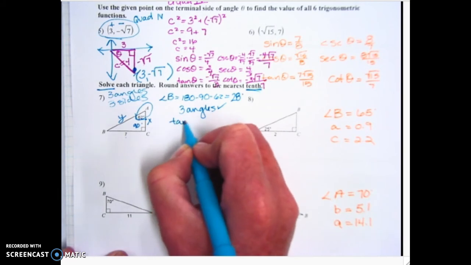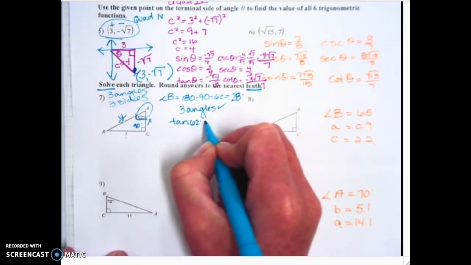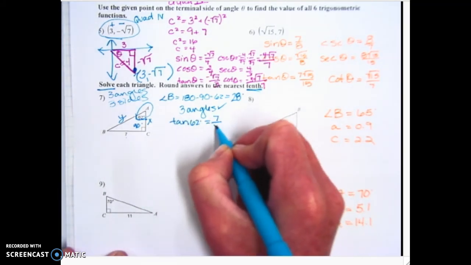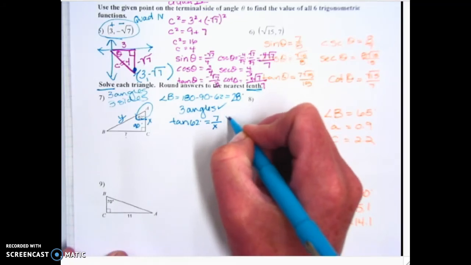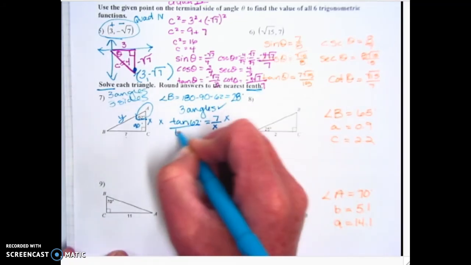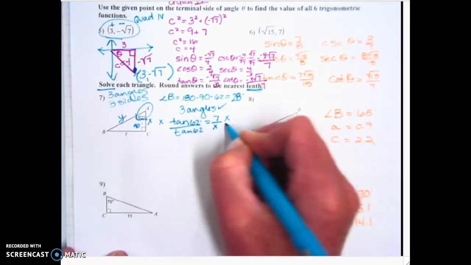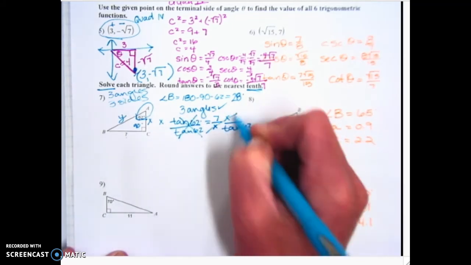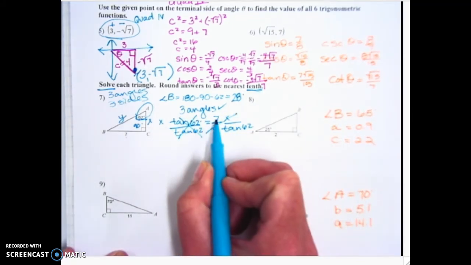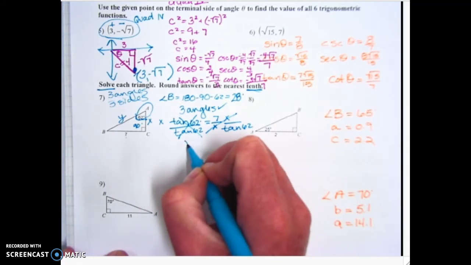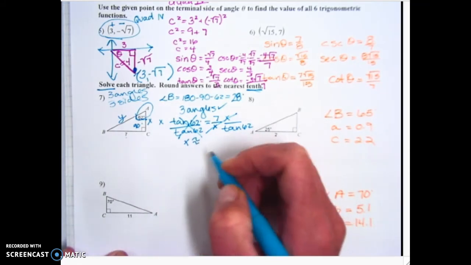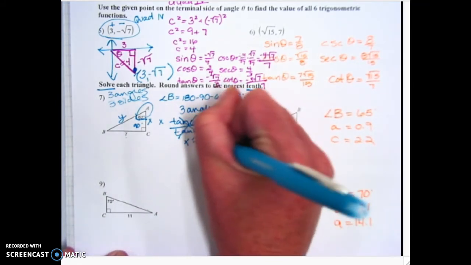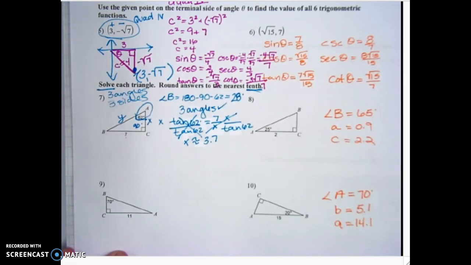So we're going to say the tangent of 62 degrees is equal to 7 over X. Multiply both sides by X. Divide both sides by the tangent of 62. Got some canceling. So for the calculator, we're going to type 7 divided by the tangent of 62, which means that X is approximately equal to 3.7.